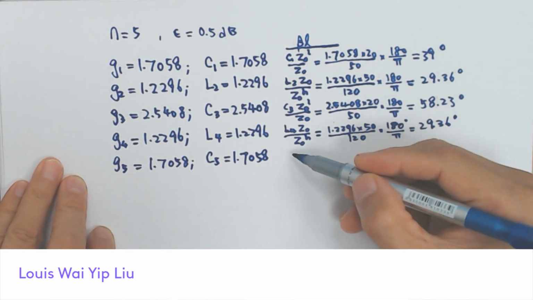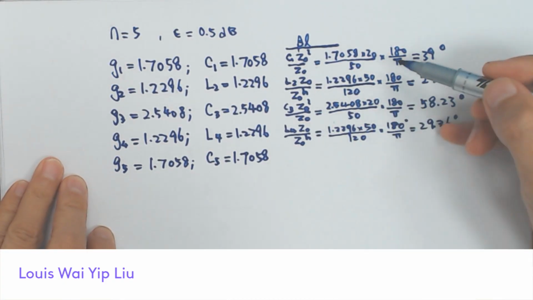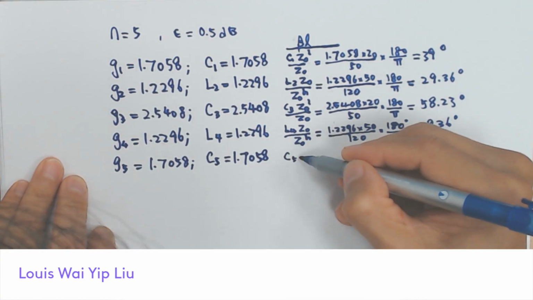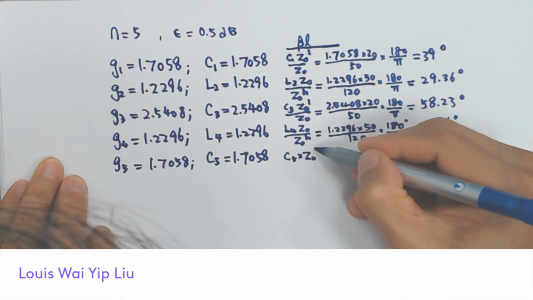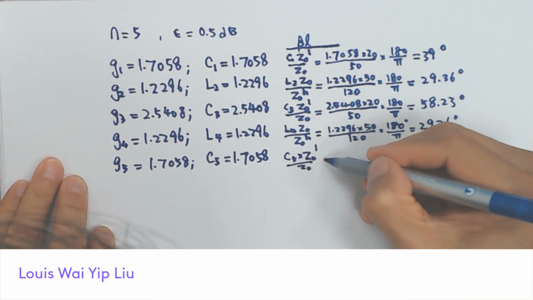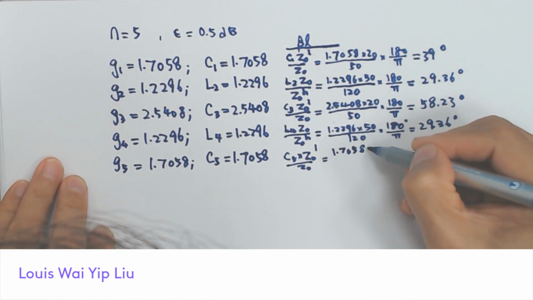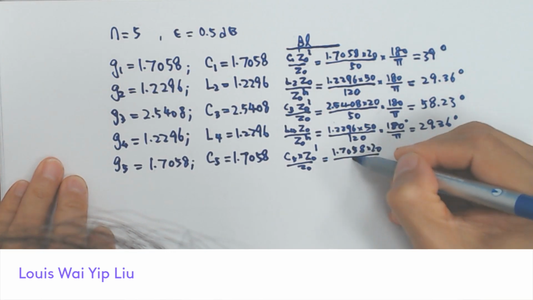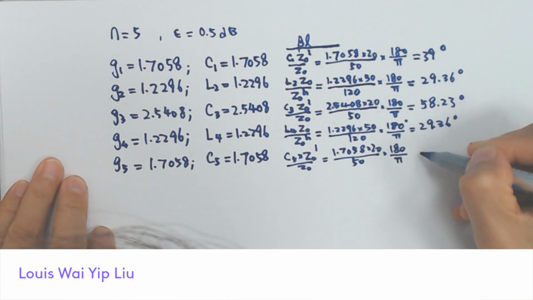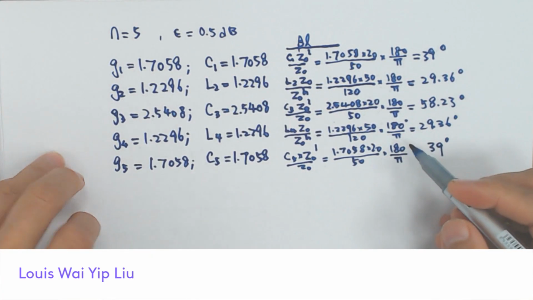And similarly, C5 is going to be the mirror copy of C1, so I'm just going to copy it: 39 degrees.